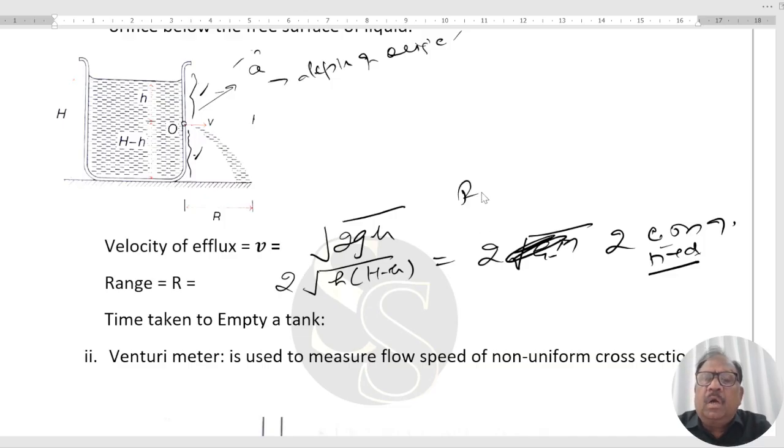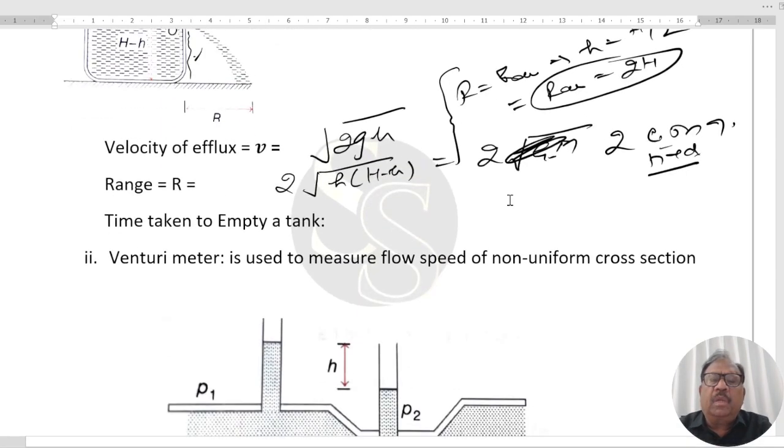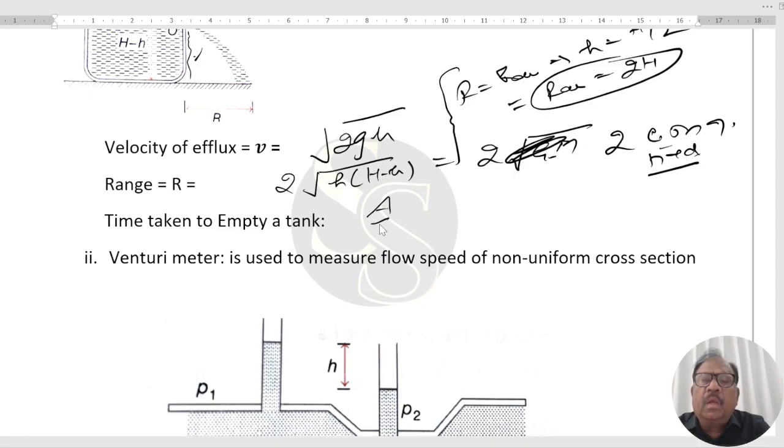And range R will be maximum if h equal to H by 2. On simplification, R maximum comes out to be twice H. Time taken to empty the tank is equal to A by a under root 2H by g.